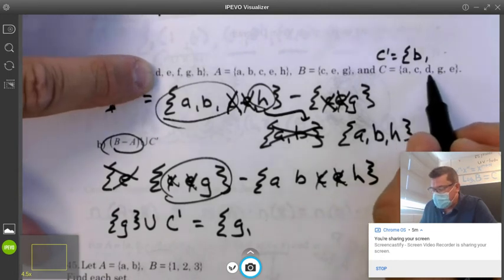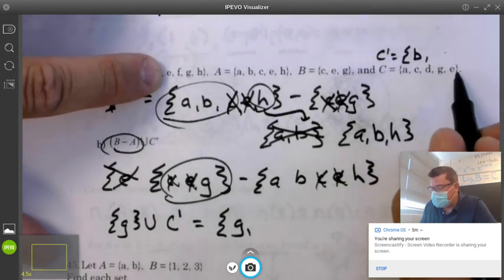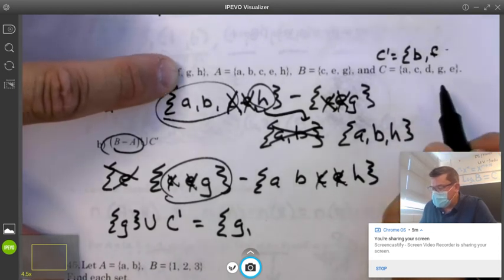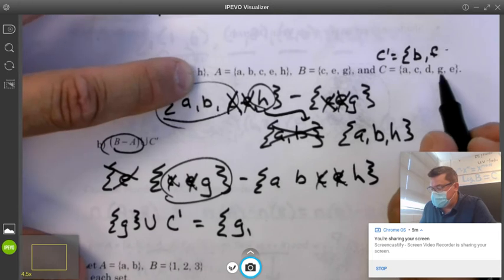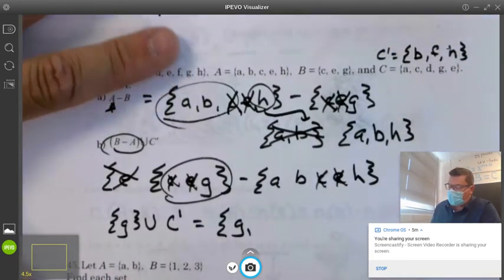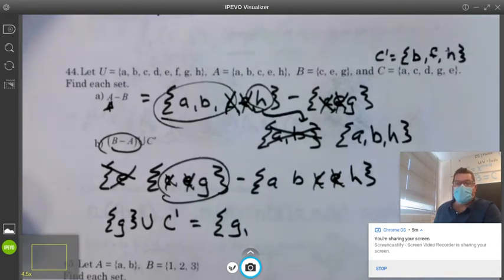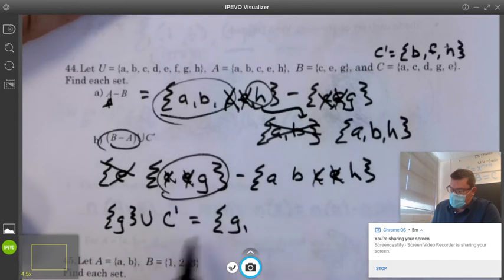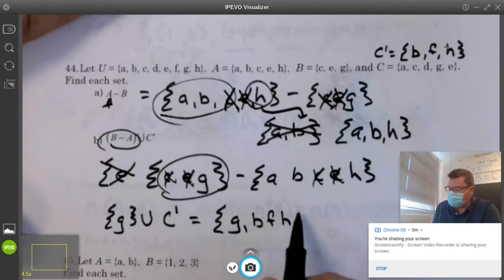D, it's in there already. E, it's in there. F, it's not in there. G, it's in there. H, it's not in there. So not C, or the complement of C includes B, F, and H. So we write them all down, and keep them all, B, F, and H.